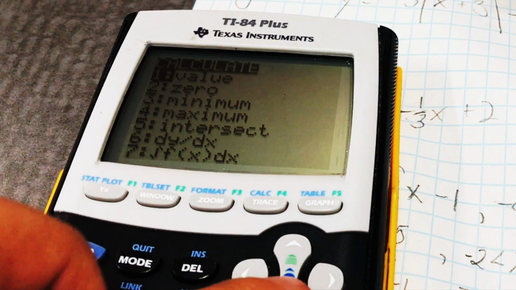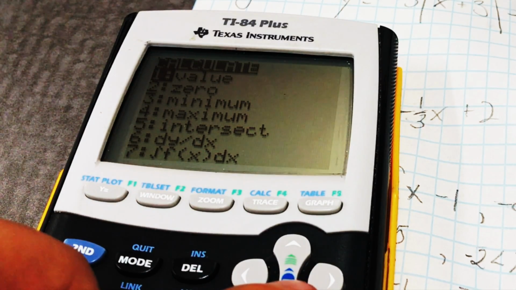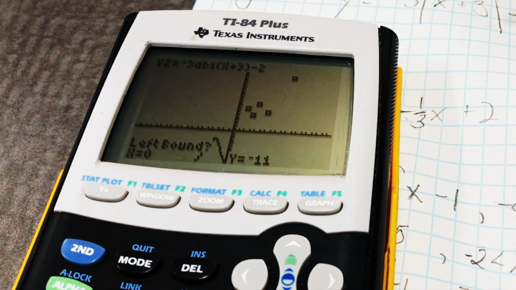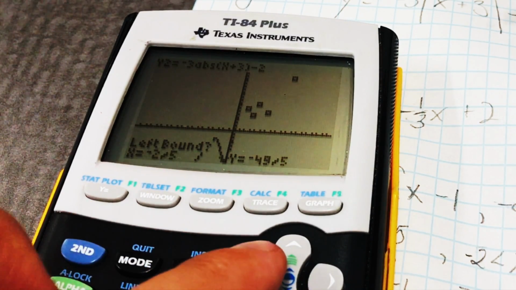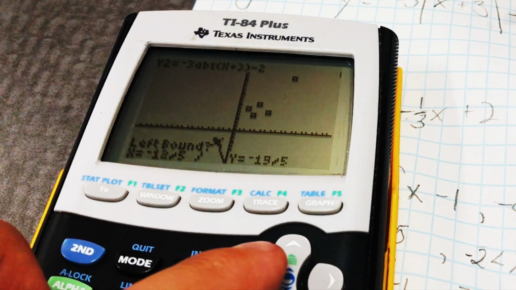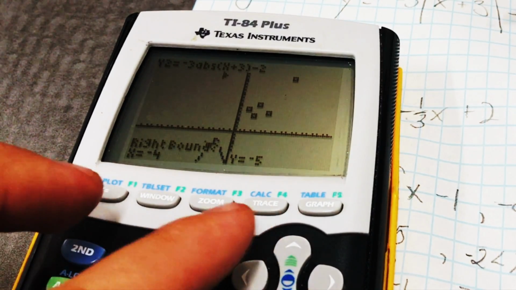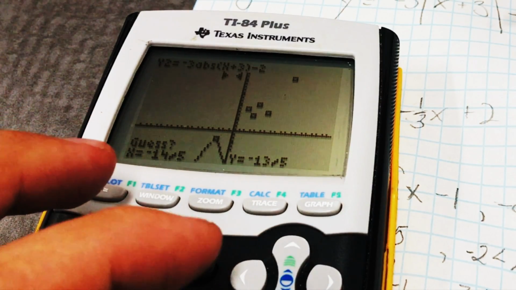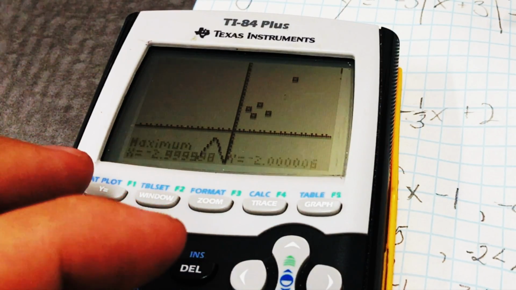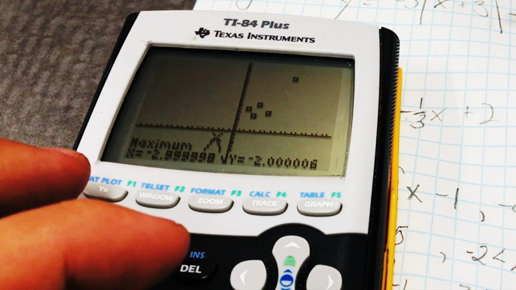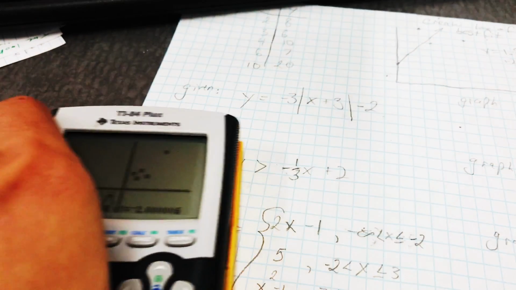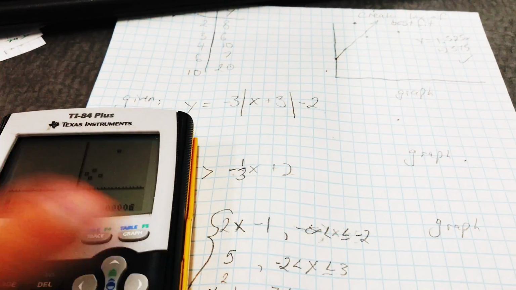For this case, because it has a maximum but an infinite minimum, we can go to maximum, enter, and then I would want to bring my cursor just left of it. See, my cursor's about on it, left, hit enter, right, hit enter, and then put your cursor about where it belongs, hit enter. Well, it should say -3, -2, so I can make sure when I draw it that I'm using that.